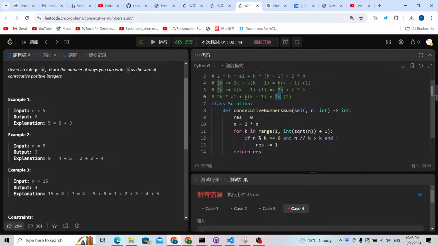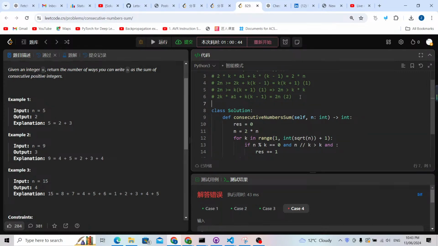So the second formula would be this: n divided by k. I think we have to calculate more about it. From the right side it is 2n, so I'll set 2n to be n.